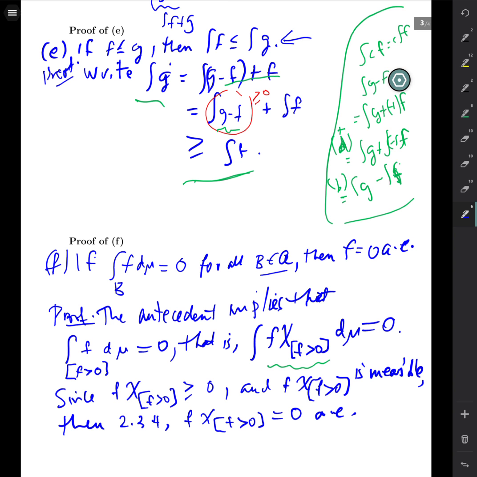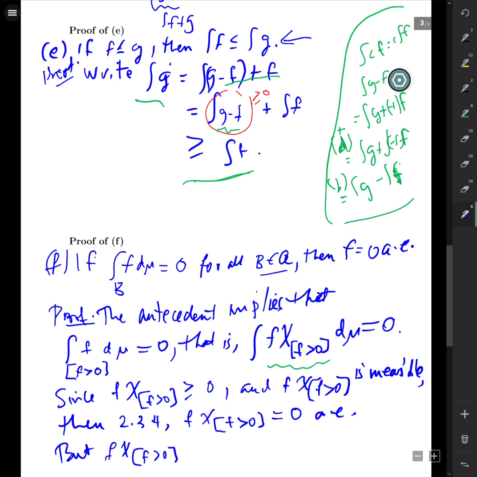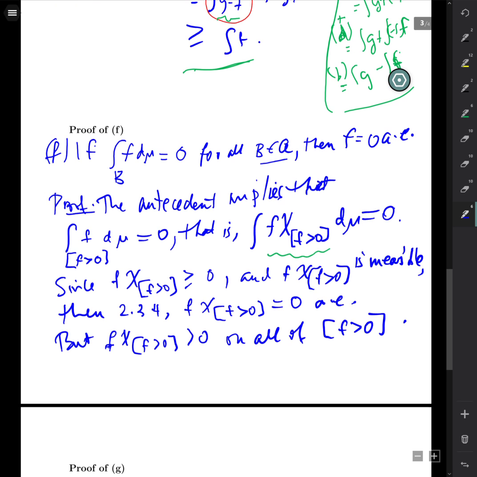Well, how could that be 0 almost everywhere? In fact, this is 0. F times the characteristic function of f greater than 0 is positive on all of the set where f is greater than 0, on all of that set.